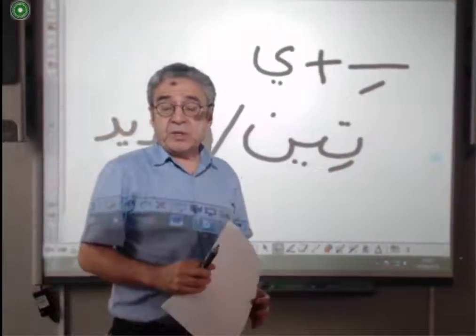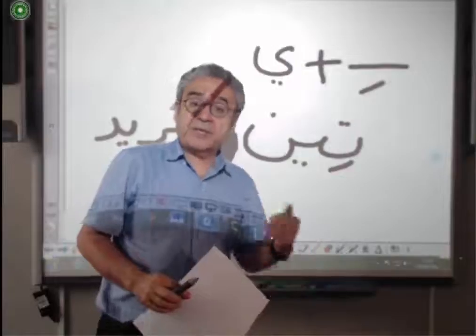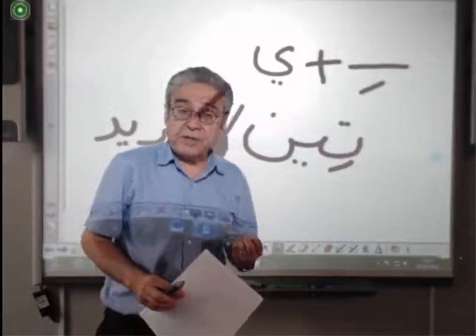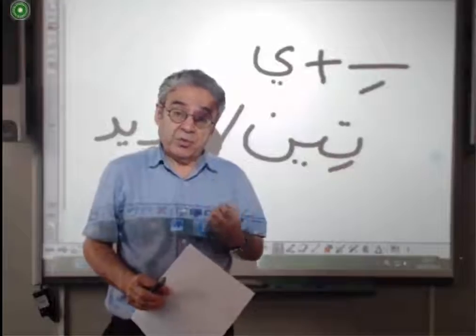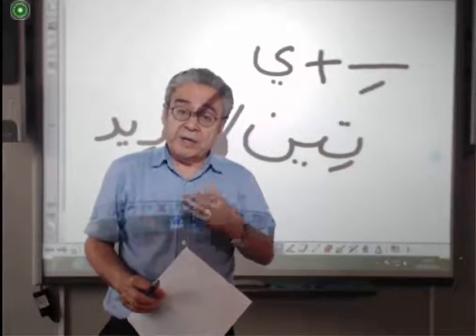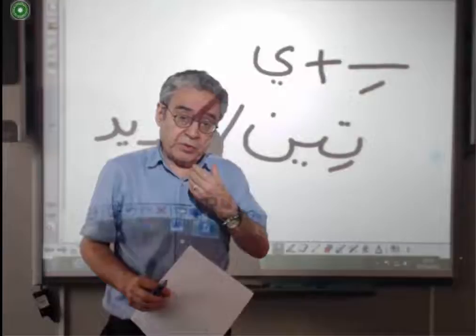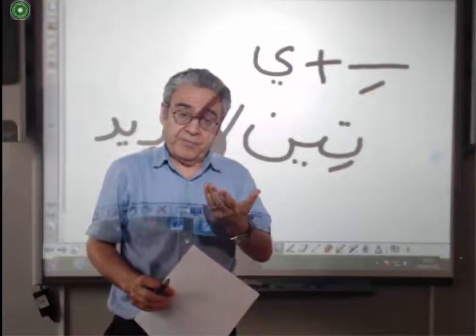And today maybe we can look at another aspect which is very important in Arabic, which is to pronounce the letters, or where they are emitted when we pronounce the letters.